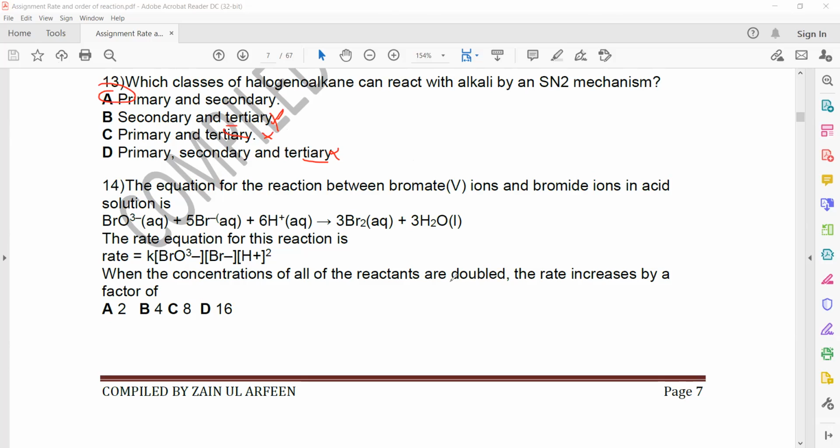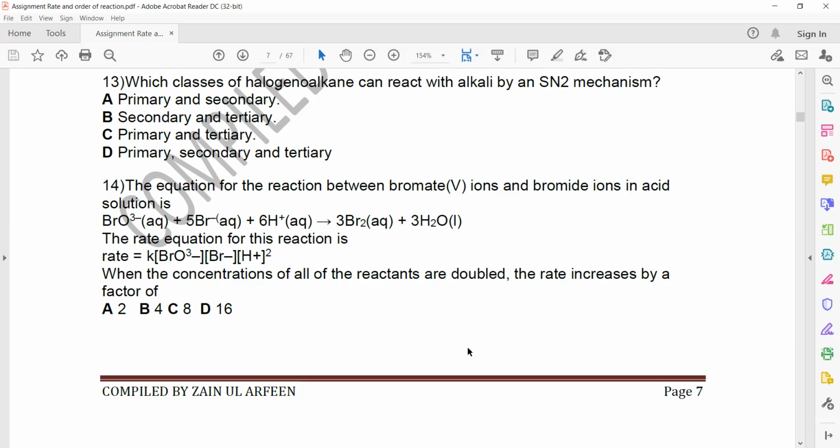Question 14. The equation for the reaction between bromate and bromide ion in acid is shown. The rate equation is given.